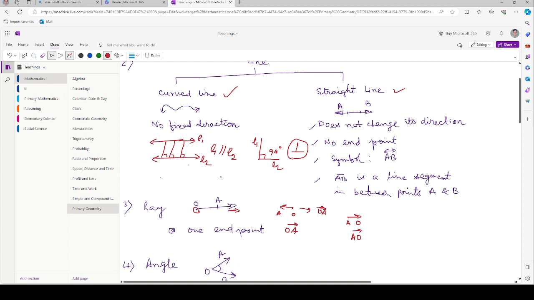What is intersecting line? Lines that cross each another at a common point. This is known as intersecting lines. L1 and L2 are the intersecting lines. They intersect each other at point O. So it is intersecting lines.